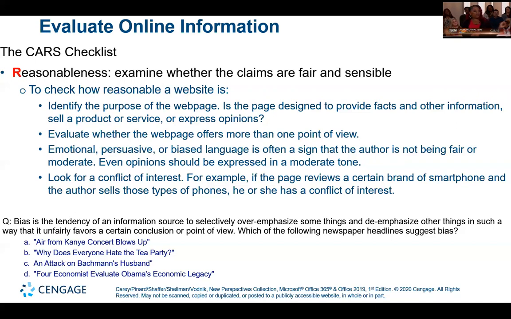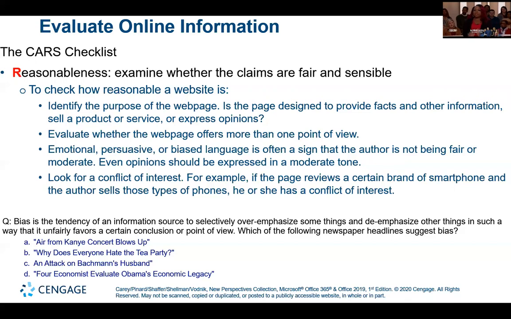A, Air from Kenya concert blows up. B, why does everyone hate the Tea Party? C, an attack on Beckman's husband. And D, economists evaluate Obama's economic legacy.